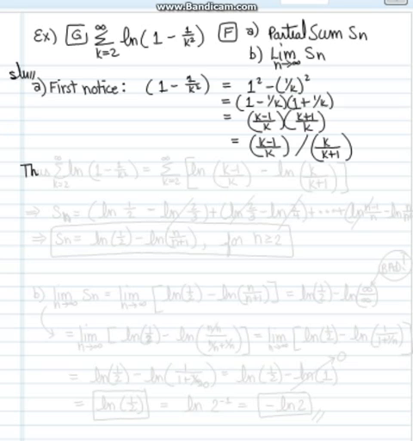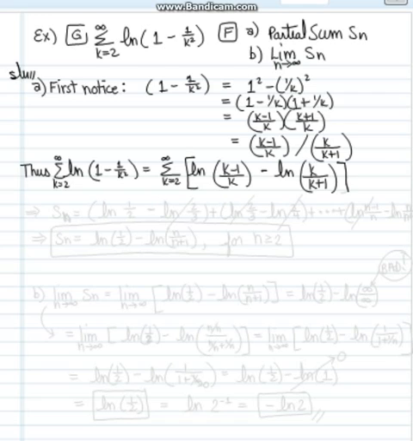Thus, the sum of the natural log from k equals 2 to infinity of the original 1 minus 1 over k squared is equal to the sum k equals 2 to infinity of the natural log of k minus 1 over k, minus the natural log of k over k plus 1.